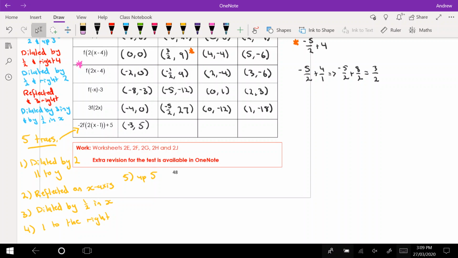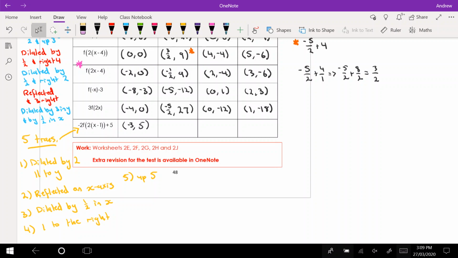Let's just talk about the x coordinate. We divide it by 2, and then you go to the right 1. You divide it by 2 gets to negative 4. Then you go right 1. So our y coordinate now, you're reflecting it. So it goes from 0 to 0. You double it. Well, that's still 0. And then you add 5. So negative 3, 5.